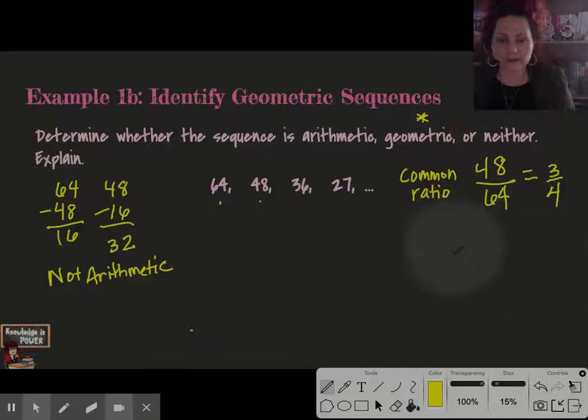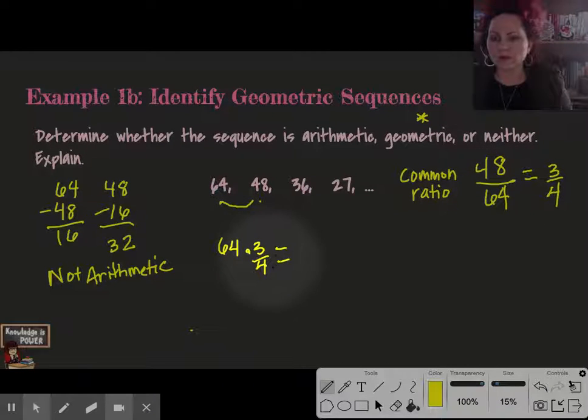So let's test it out. The idea is if I multiply 64 times 3/4, I should end up with 48, right? So 4 goes into 64 16 times. Oh, my calibration's off a little.